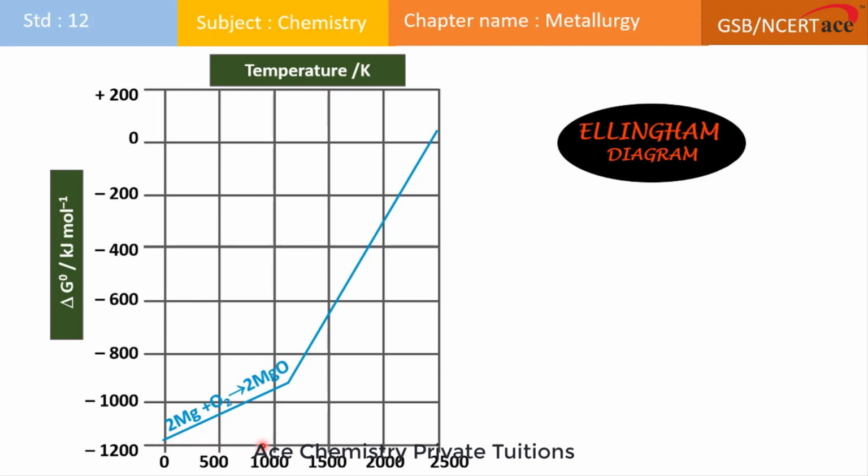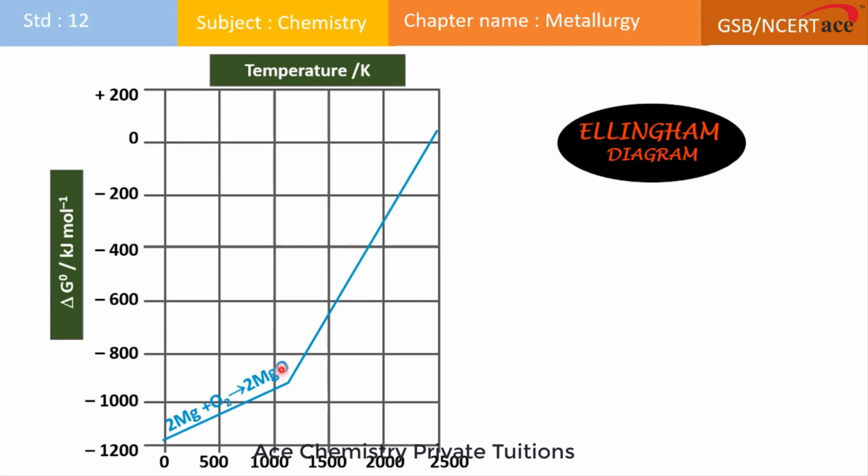Student, as you increase the temperature, this graph shows a sudden change and it increases. Every time you increase the temperature, this graph is going up. If this graph is going up, it indicates the reaction is non-spontaneous and not feasible. Means magnesium oxide is unstable at higher temperature.